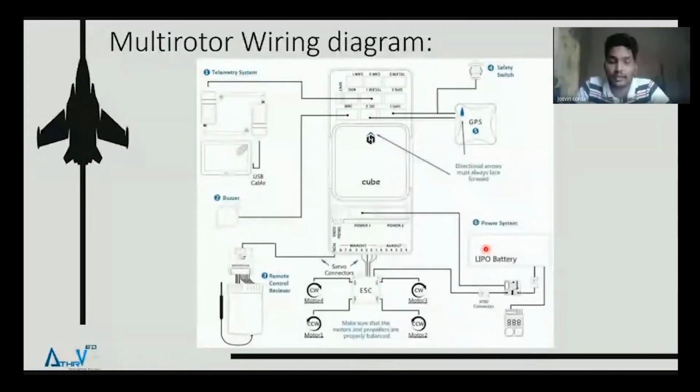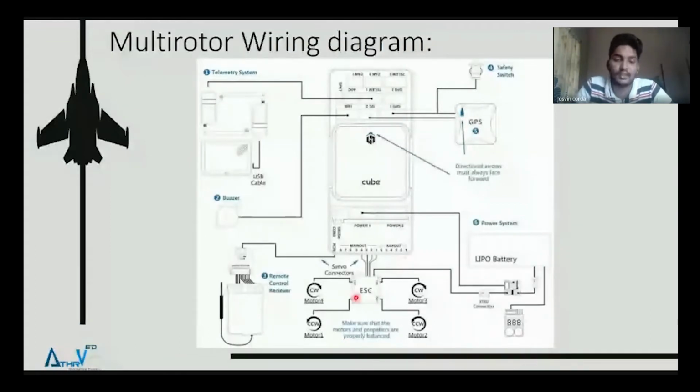So we'll have a battery elimination circuit or a voltage converter that is connected to the lipo battery, and this in turn provides power to the flight controller. And the native power, that is the voltage being supplied by the lipo battery, is in turn fed into the ESC.